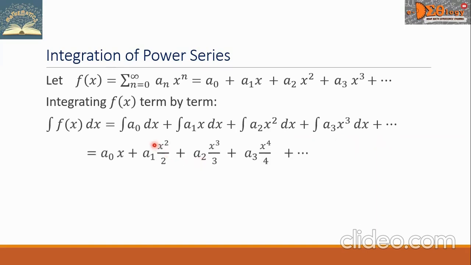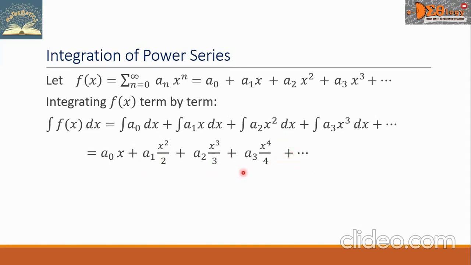Simplifying this, we will have a sub 0 x plus a sub 1 times the fraction x squared over 2 plus a sub 2 times x cubed over 3 plus a sub 3 times x raised to 4 over 4 plus, and so on.